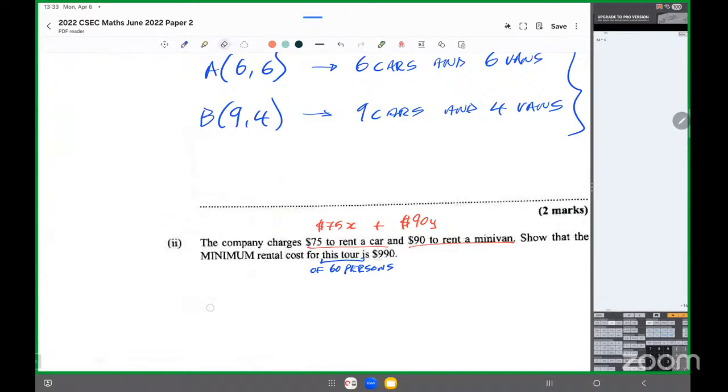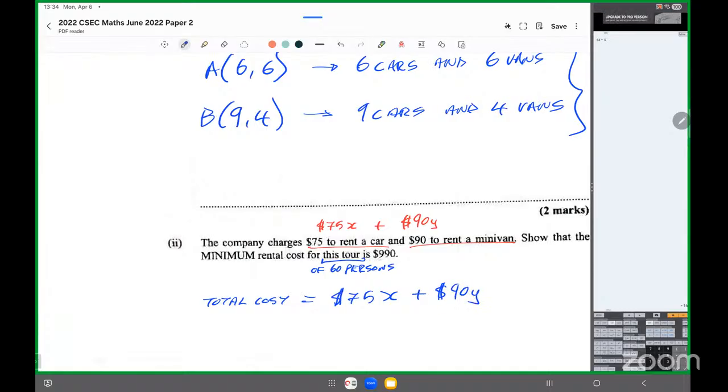The total cost formula is going to be $75 times X cars plus $90 times Y vans.